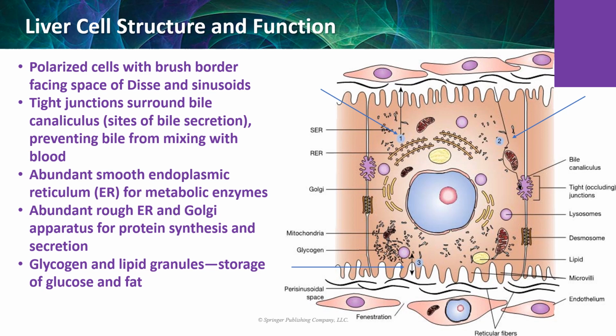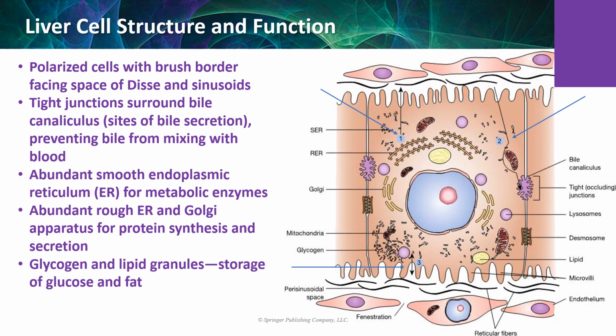The protein transfer is assisted by large gaps or fenestrations between the liver sinusoidal endothelial cells. The apical membranes of adjacent hepatocytes are sealed with tight junctions around the site of bile secretion to prevent toxic bile components from damaging the hepatocytes or leaking into the blood. This is number 2.